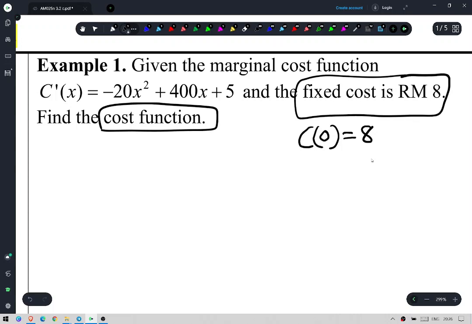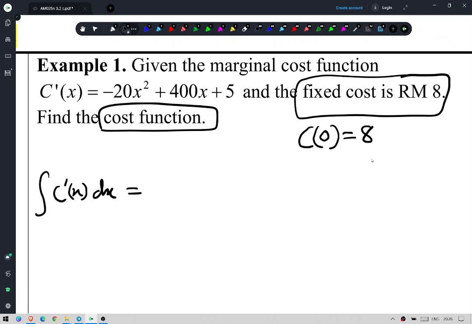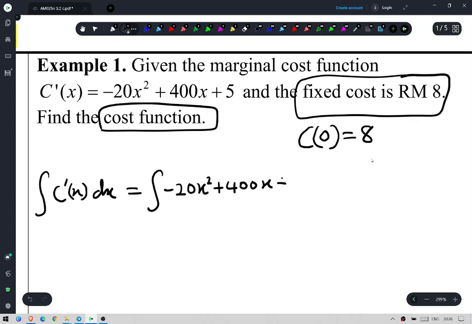We want to find cost function, so we integrate C prime with respect to X. We just integrate. What is C prime? C prime is minus 20x squared plus 400x plus 5, with respect to X.